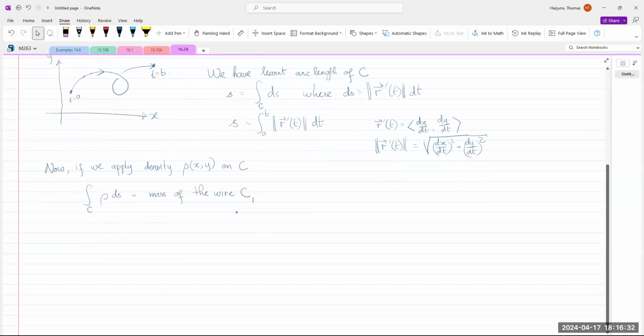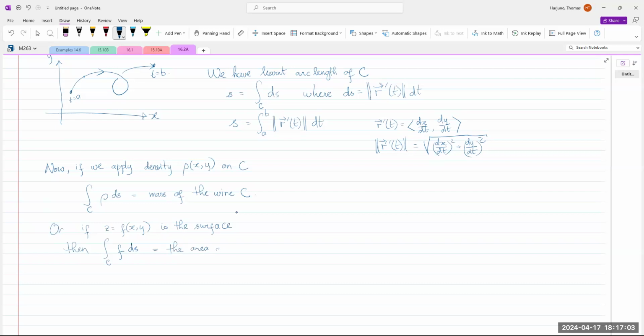Or if z equals f(x, y) is a surface, then the integral over C of f ds is actually the area of the curtain.